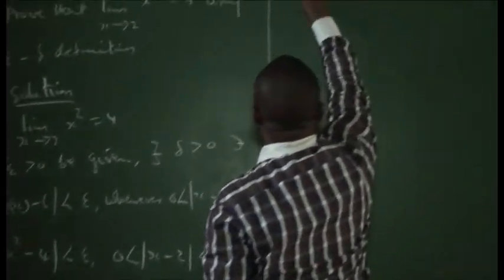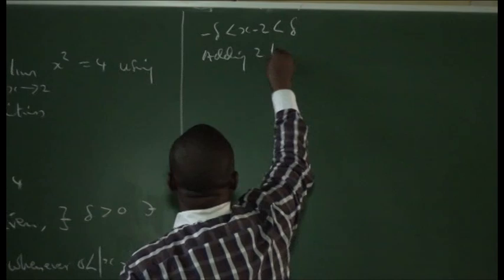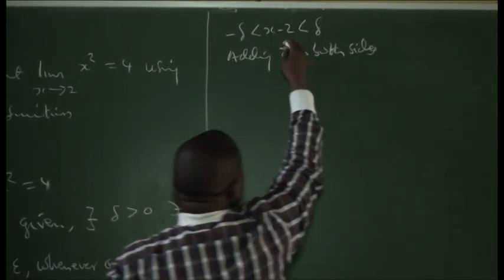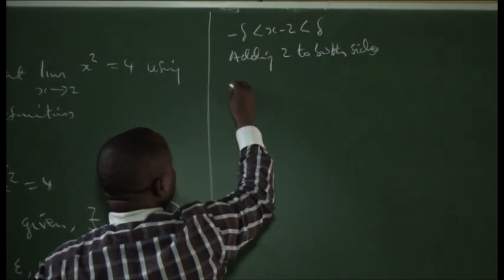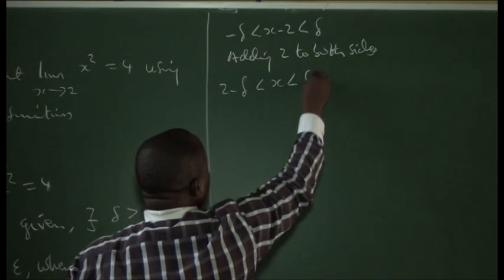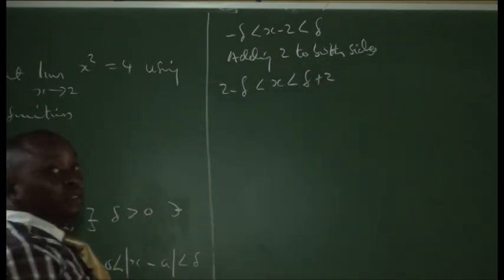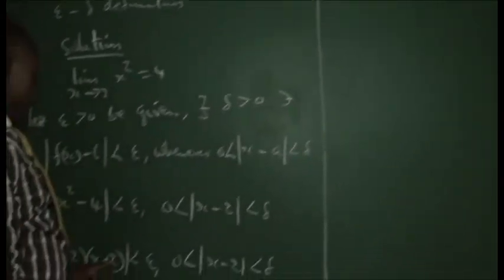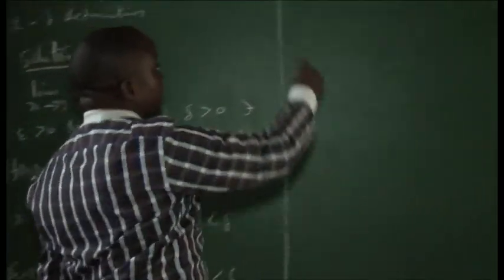So adding 2 to both sides. Why do I add? So that these 2 will go. Then I will have 2 minus delta is less than x and less than delta plus 2. Now there is another one here. This is x plus 2, so I have to add the 2 again.